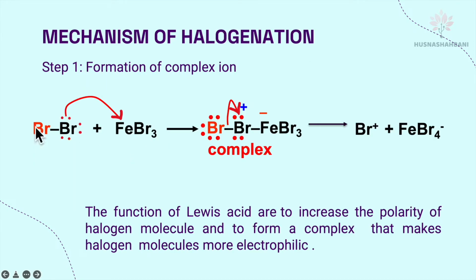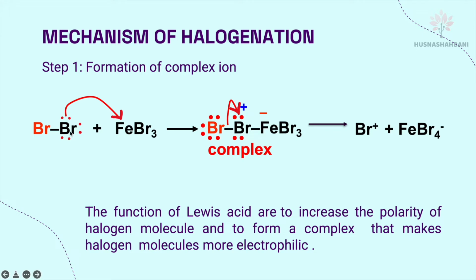Since both Br atoms have the same electronegativity, it cannot make electrophilic site on its own. So that's why the catalyst FeBr3 is used. How does the catalyst FeBr3 make this Br2 become electrophile?